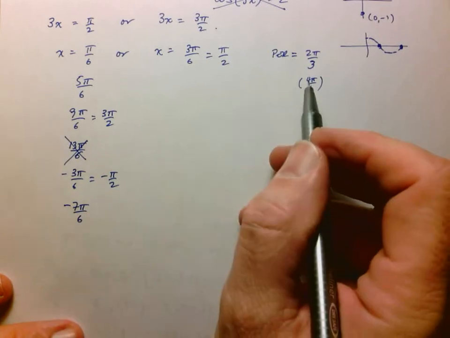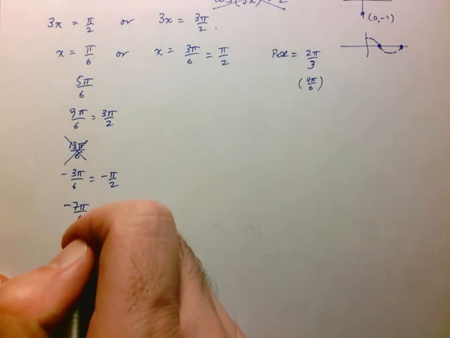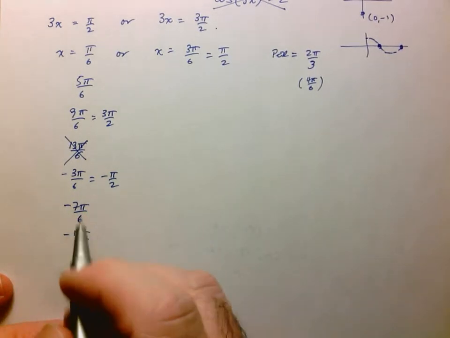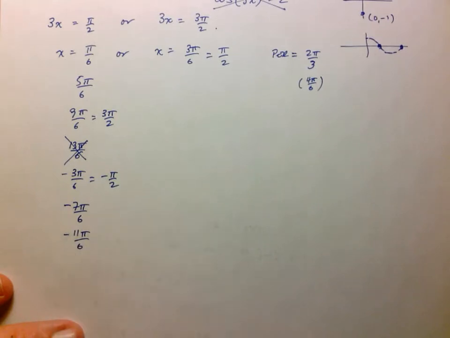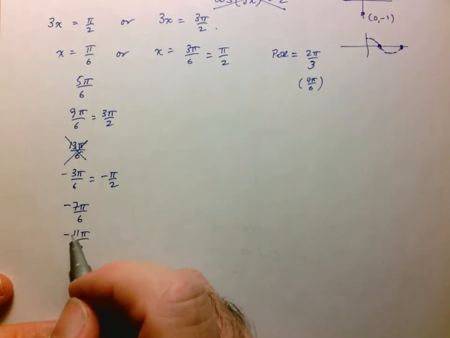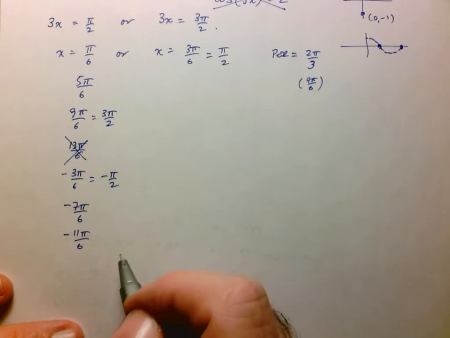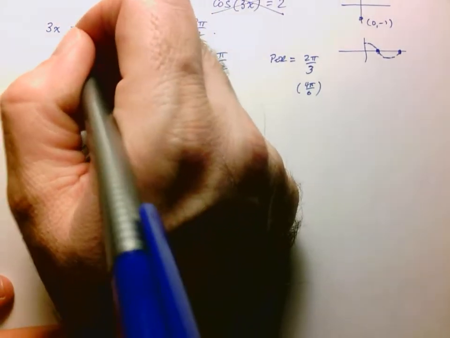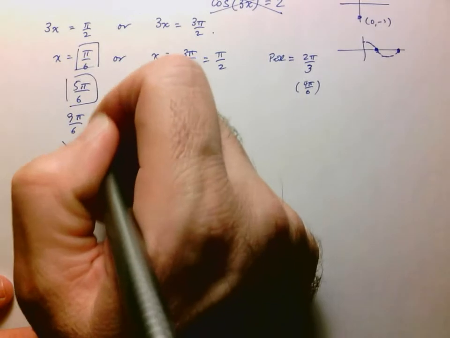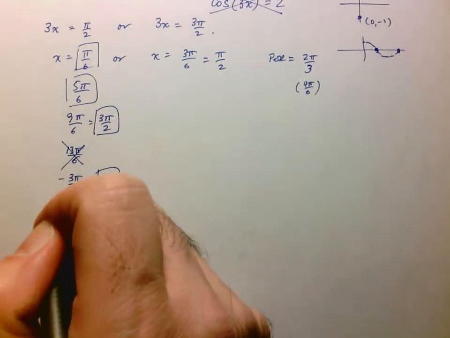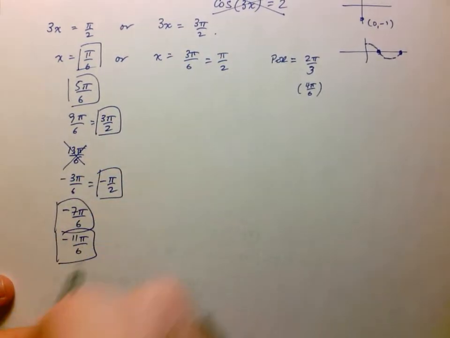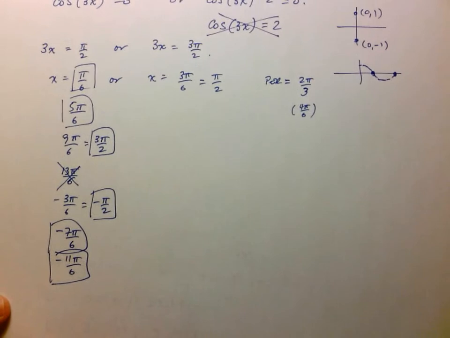And if I subtract another 4, that's going to give me negative 11 pi over 6, which is still greater than negative 2 pi. But if I subtract another 4 pi over 6, I'll be outside of my range. So I've got from this first part 1, 2, 3, 4, 5, 6 answers. Quite a few.